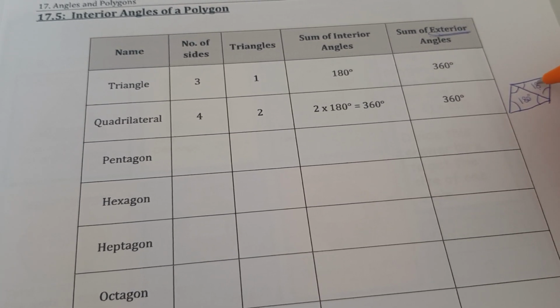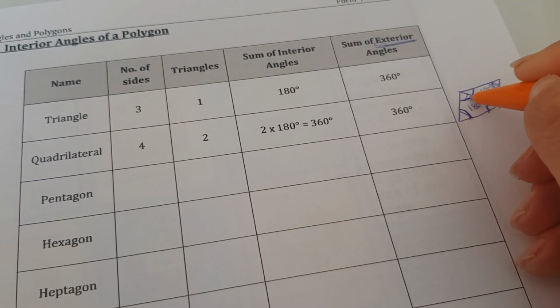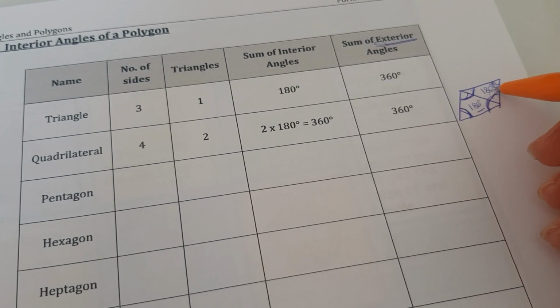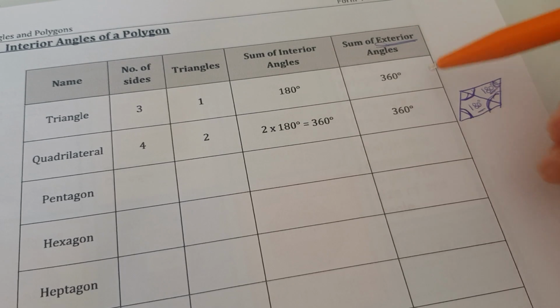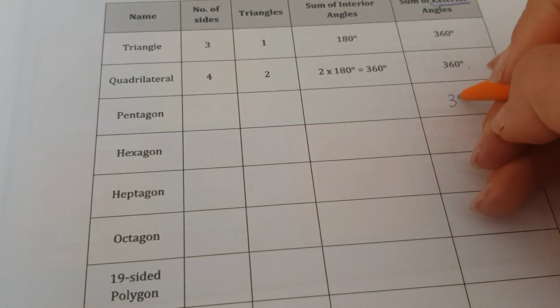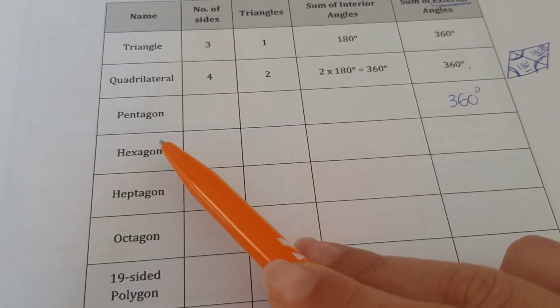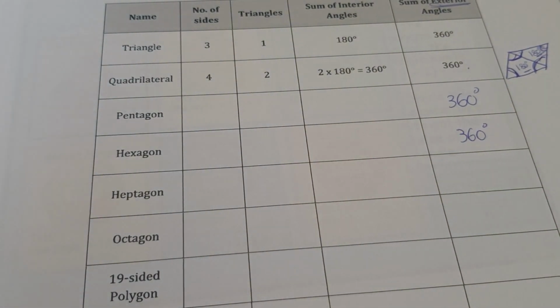So the interior angles of a quadrilateral added together are 2 times 180, which is 360. And the exterior are always 360. So for every shape, if it's a pentagon, exterior angles are 360. If it's a hexagon, exterior angles are 360. And so on.